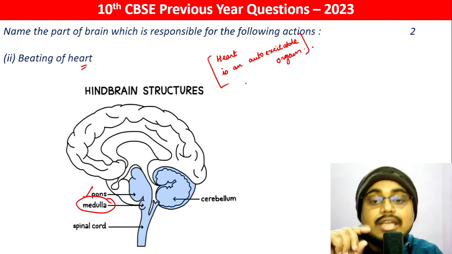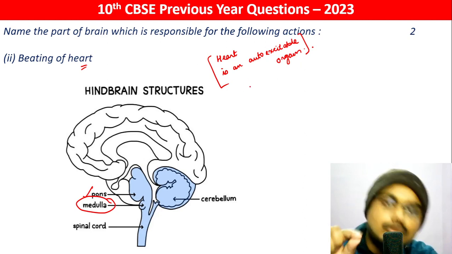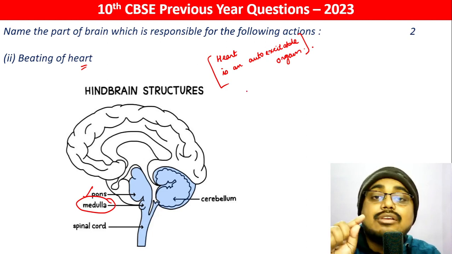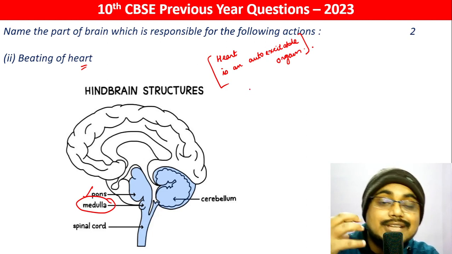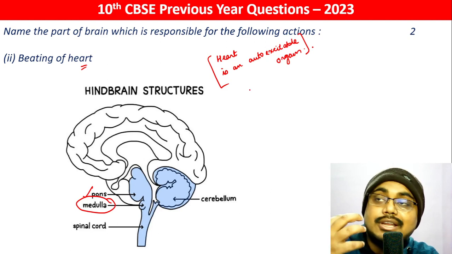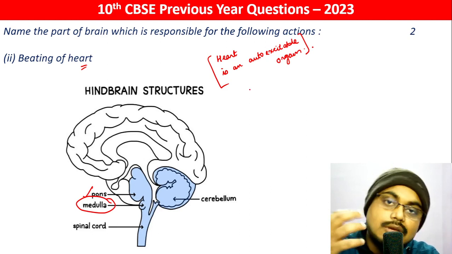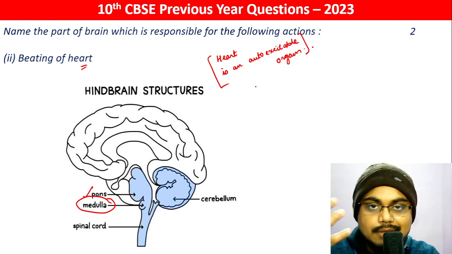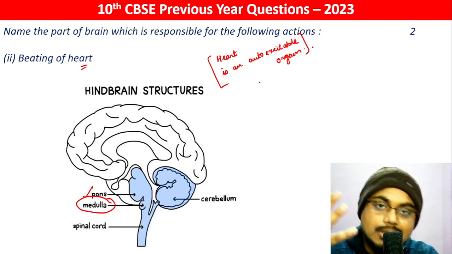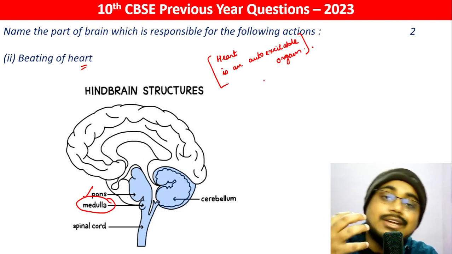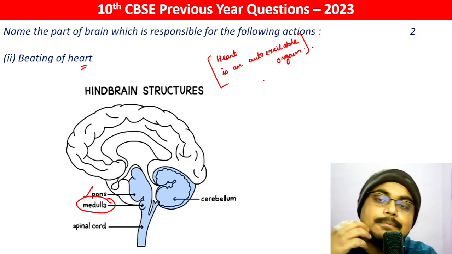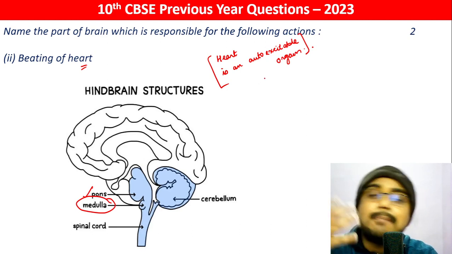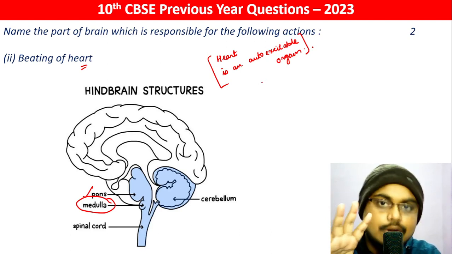However, the brain has a control over heart when there are certain impulses, certain sensory perceptions which are given to the brain. That is certain fight or flight situations, and certain panic situations. So the brain has a control over heart.